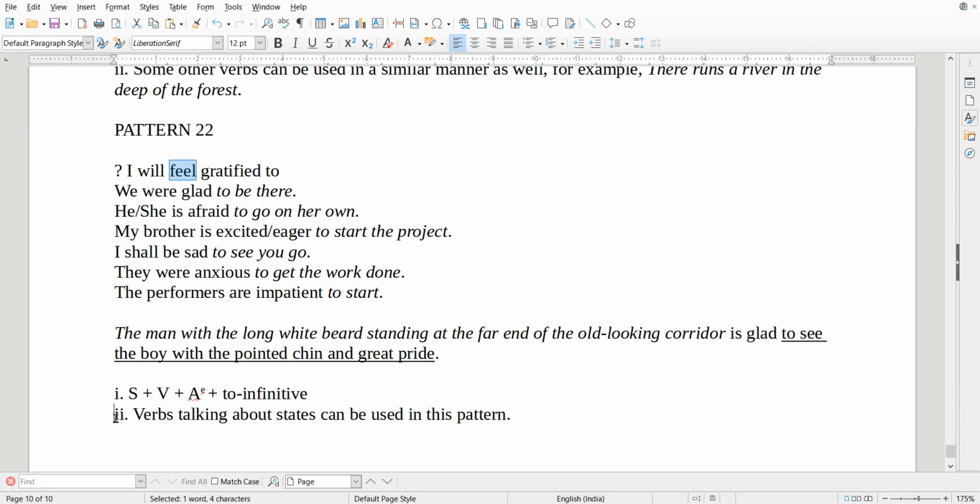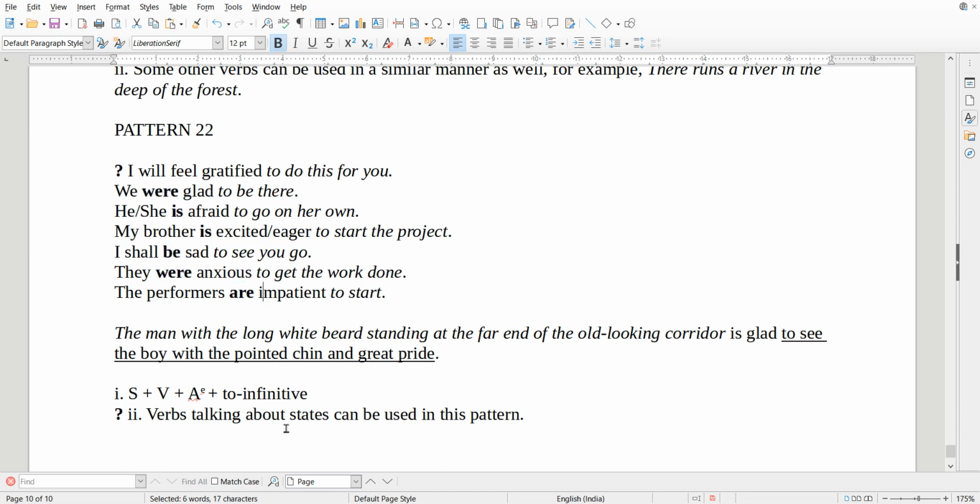This is subject to a check, but I'll feel gratified to do this for you, for example. That's the infinitive phrase. I'll check if that's possible. But generally, as you can see, it's always the verb to be, forms of be. So the question is what verbs can be used here.